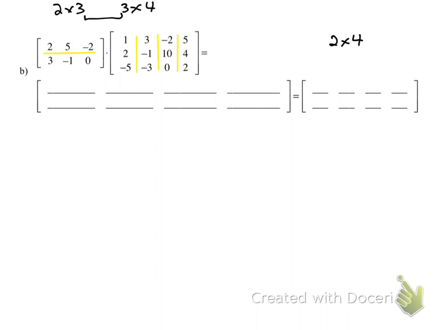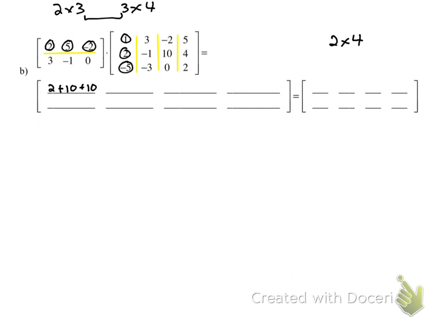So I'm going to do 2 times 1 is 2, plus 5 times 2 is 10, plus -2 times -5 is 10, okay? Again, we're multiplying the elements based on their order in the row and the column.